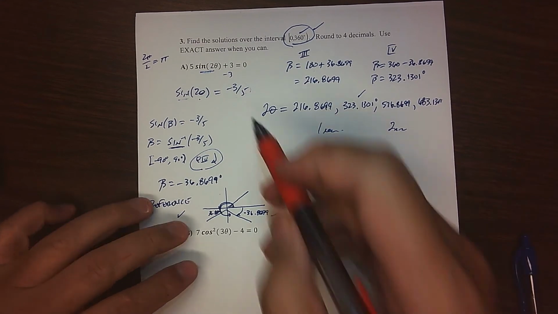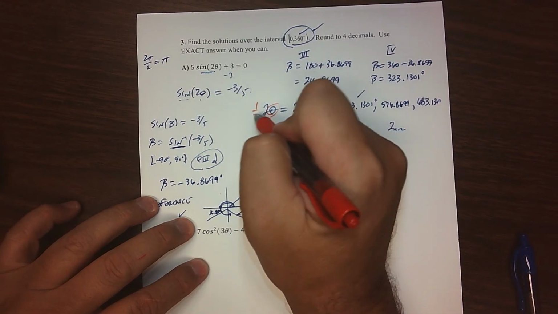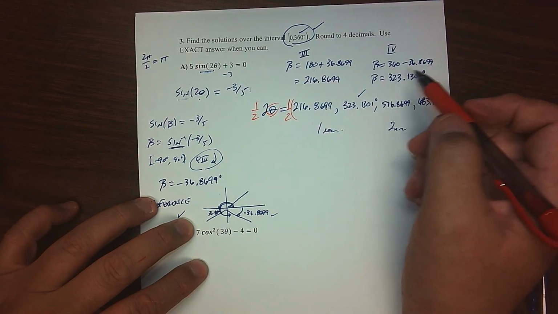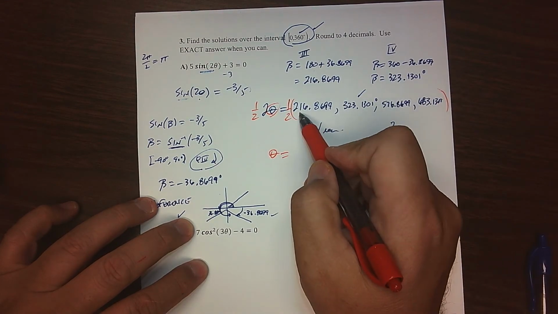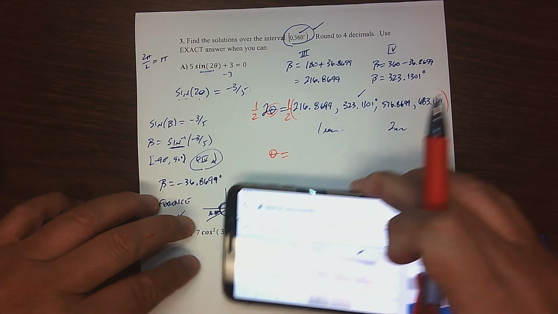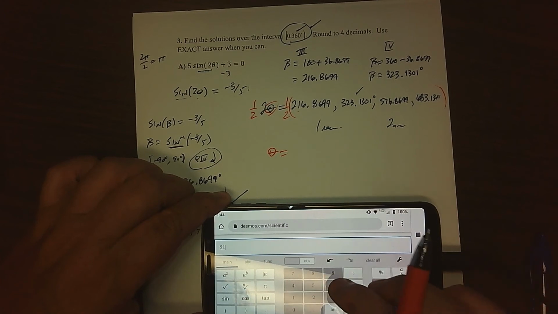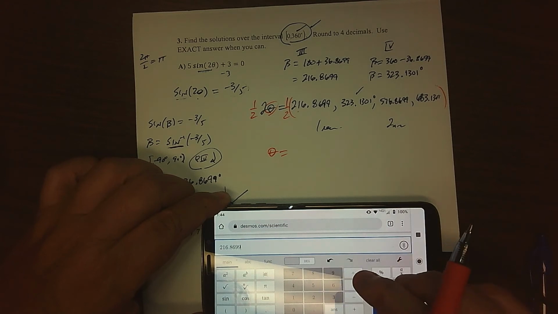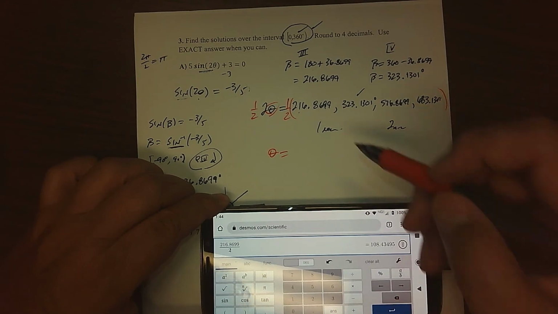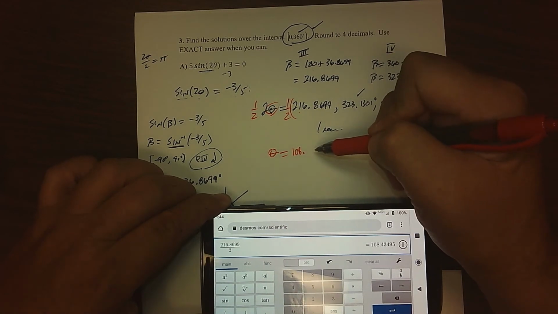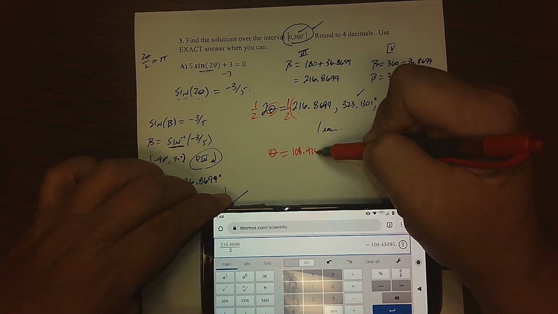So of course, to find theta, I have to multiply by a half, which means everybody gets multiplied by a half. So our theta values essentially is taking all these and dividing them by 2. So let me clear that out, and I'll start fresh. So we have 216.8699. We're going to divide that by 2, and that gives us 108.4350, if I round off.